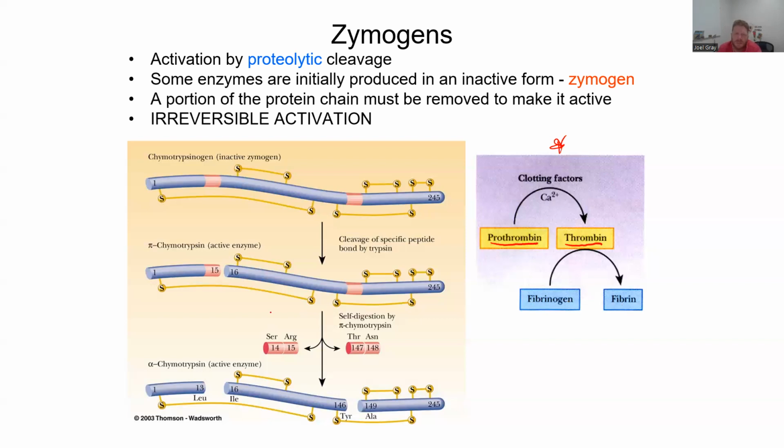Now, to illustrate these a little bit more, I would like you to look down at the lower left-hand corner. We have alpha chymotrypsin, or for our purposes, chymotrypsin. Chymotrypsin is an active enzyme that has basically 240 some odd amino acids. It's got a bunch of disulfide bonds that hold it together.